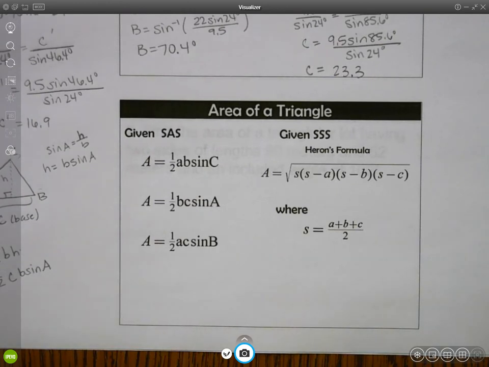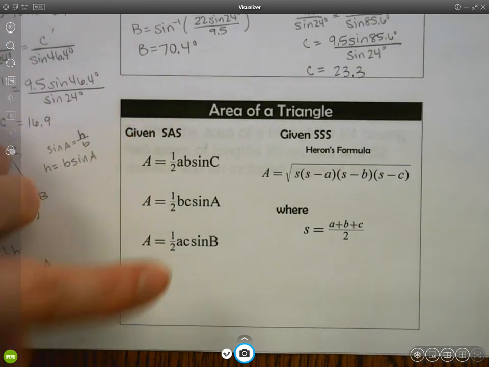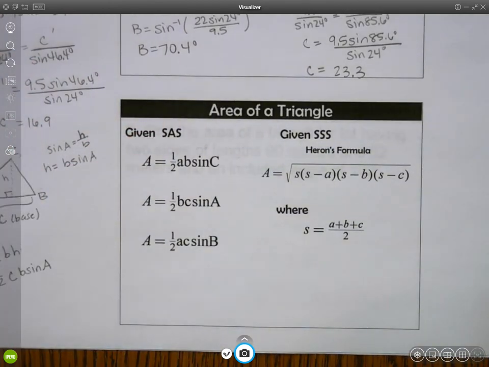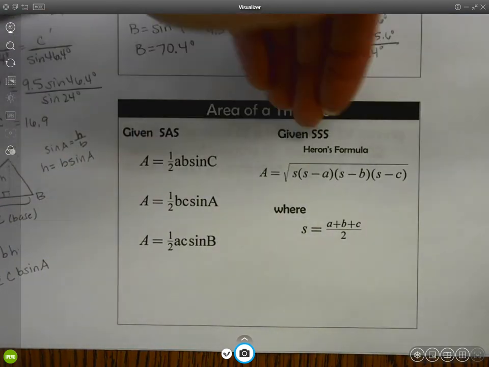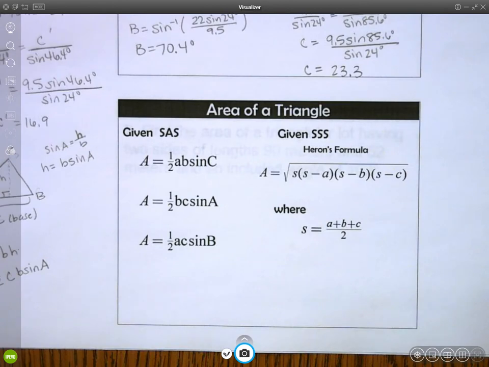There's another set of formulas, but they're a whole lot more convoluted. And honestly, if they don't give you the information that you need for this, you're going to be able to find what you need for these formulas easier than having to learn other formulas. So we're just going to stick with these are the area formulas that we're going to use.